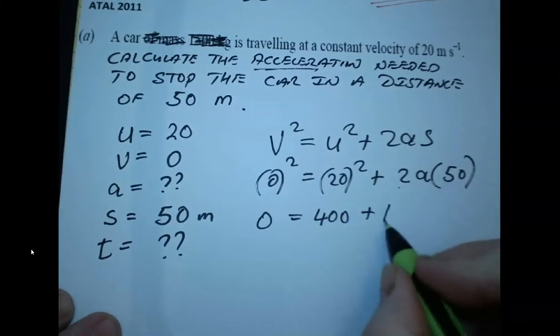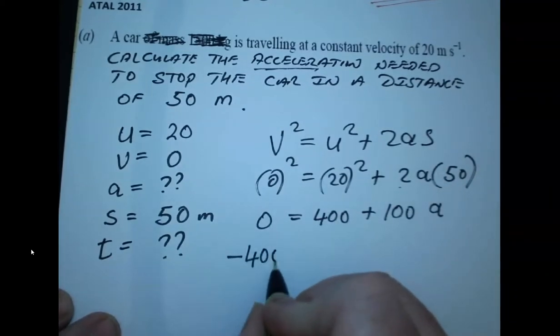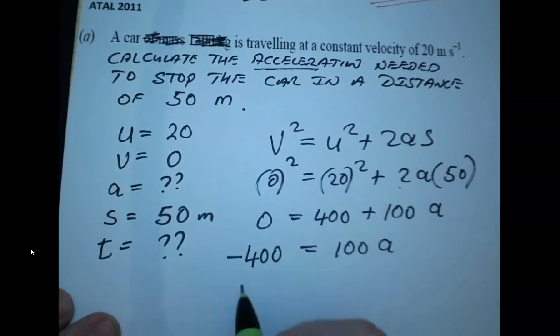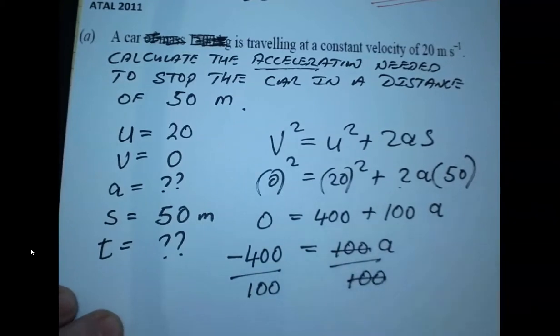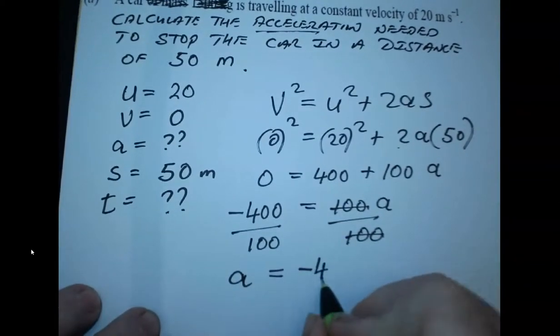Plus 2 by 50 is 100 times acceleration. Bring over the 400, it becomes minus 400 equals 100 times acceleration. Divide each side of the equation by 100. They cancel. So we're left with acceleration equals minus 400 over 100, which is minus 4.0.